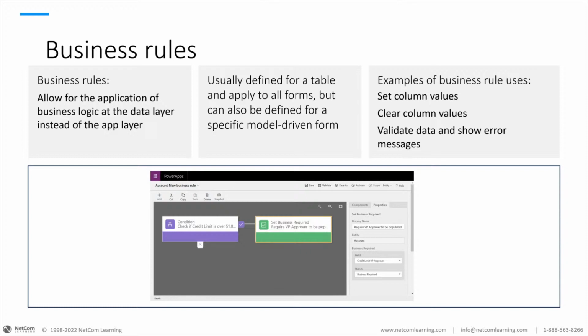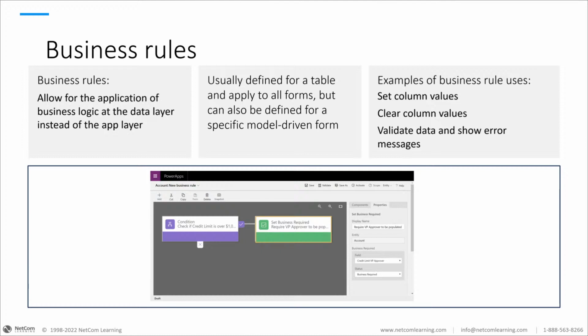The example that you see on the screen here is that we have a rule that says, check if the credit limit is over, say, $1 million. If that condition proves to be true, then you need to set the business required to have a VP approver of that particular expense. Right? If it's under that limit, then it can be automatically approved and you can continue on.